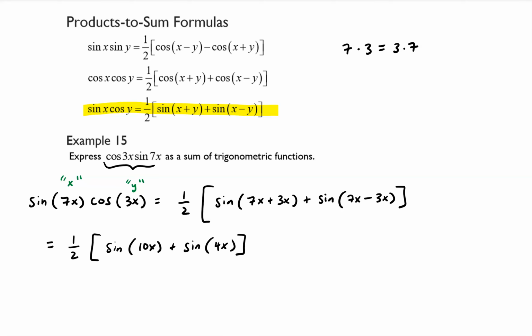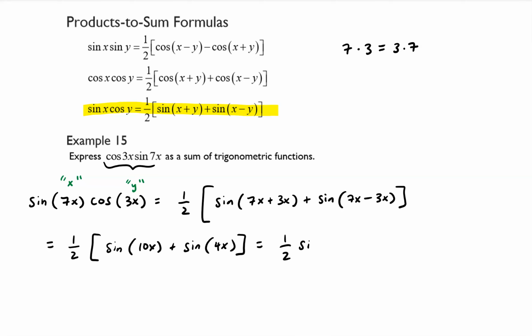Now, I just want to make a note, algebraically, make sure that you're not thinking that this equals 1/2 sine of 14x. We definitely cannot do that. If you wanted to simplify this further, we could distribute the 1/2 in.